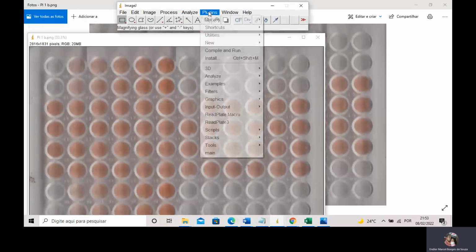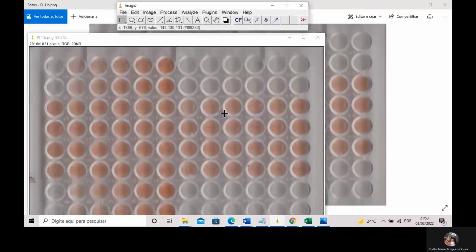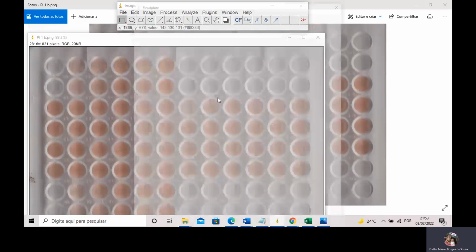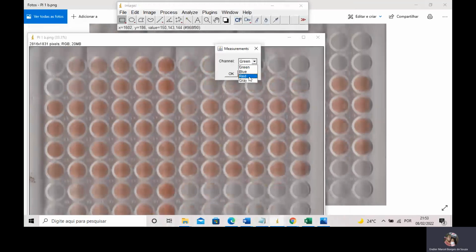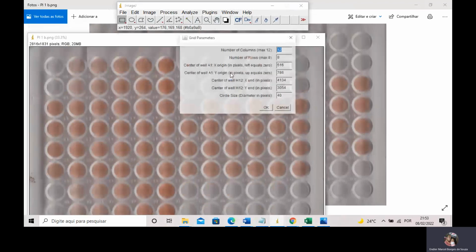You are going to plugins. You have to go to the ReadPlate macro, press enter, and you have to select the color that you are going to extract. We begin with the red value. You are going to type the position of the first well.